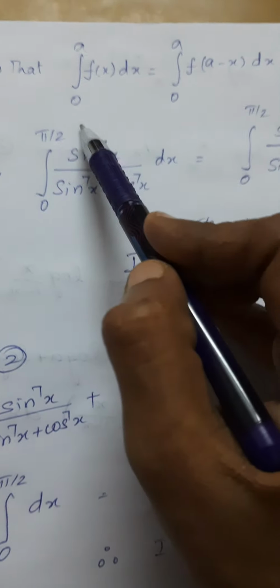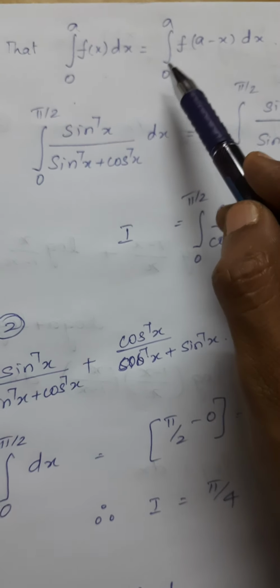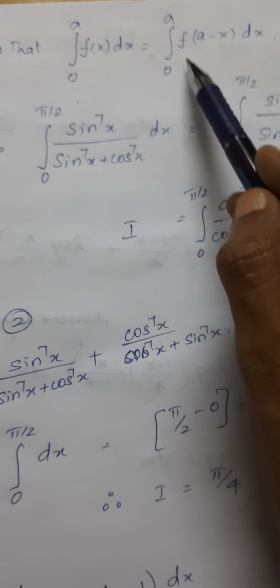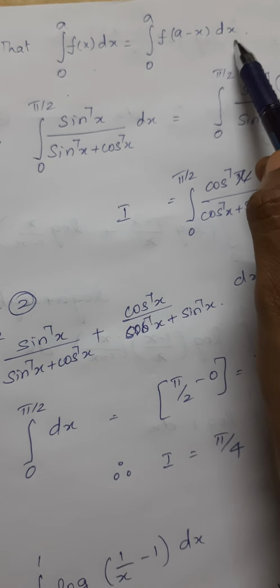So let us mark this as equation 1. Then we know that integral 0 to a f of x dx is equal to integral 0 to a f of a minus x dx.